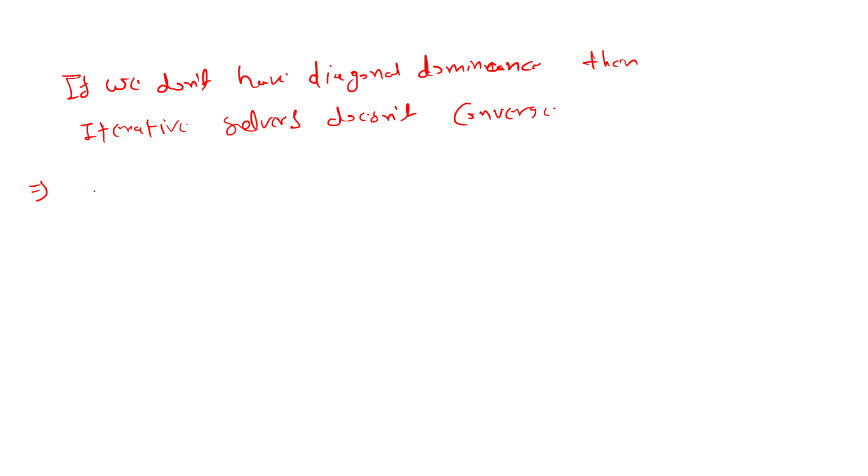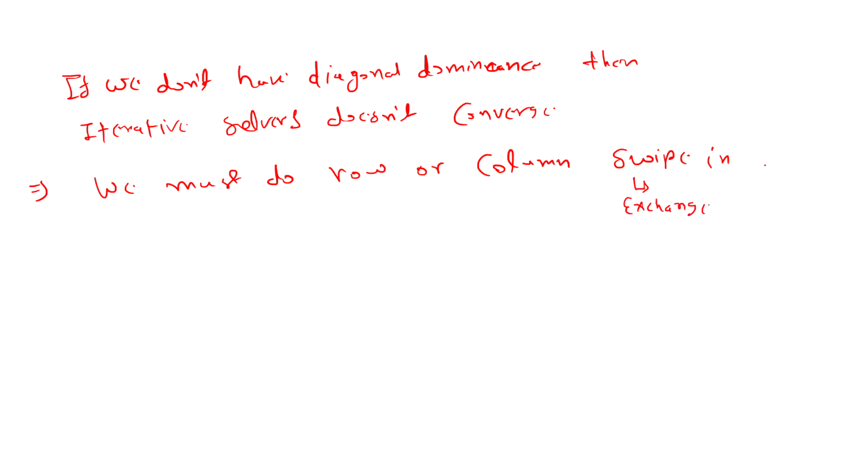So we must do a row or column swap, or we can say an exchange, in such a way that diagonal dominance is achieved.